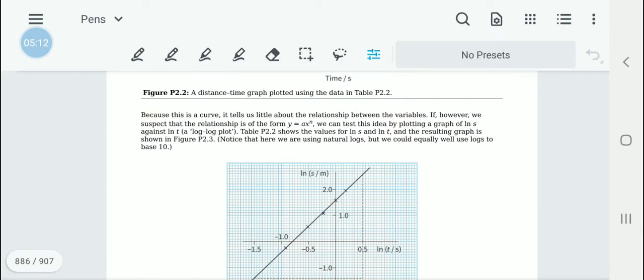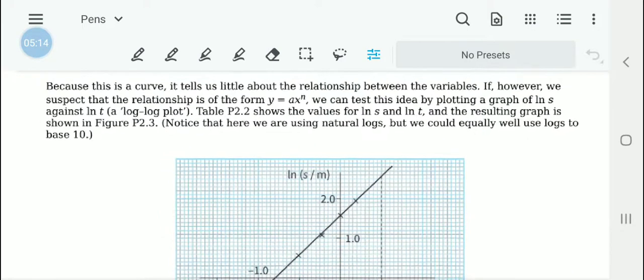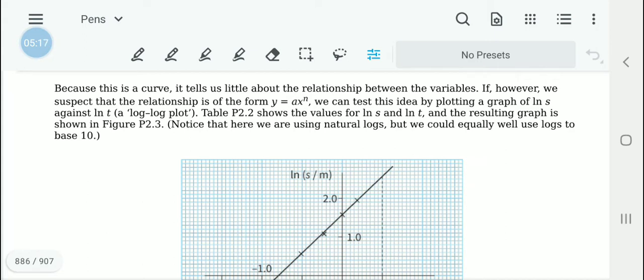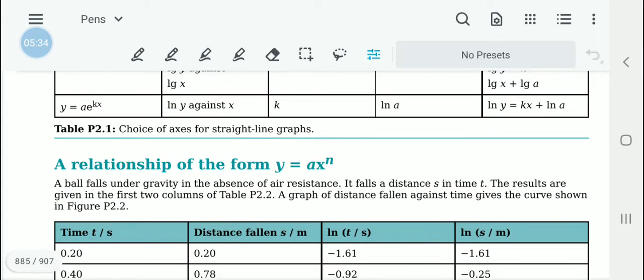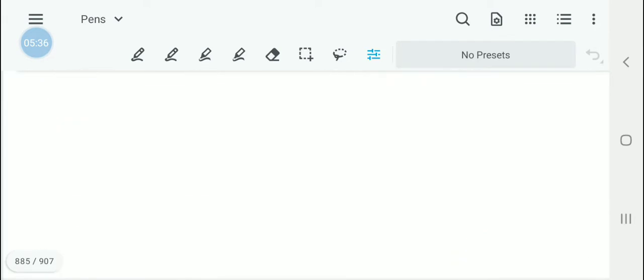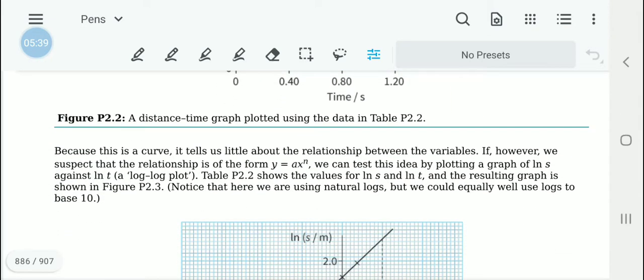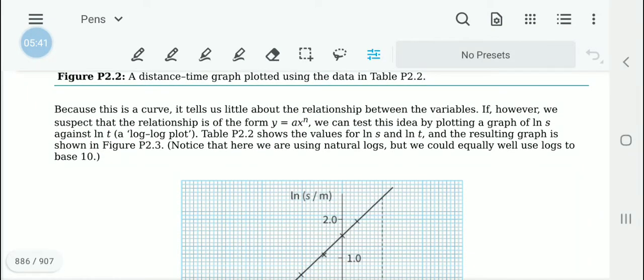After drawing the first curve, we will be able to suspect that it could be either a y equals a x to the power n graph, or a y equals a e to the power kx graph, right? So you make a suspicion, and then based on that you draw a graph of s against t using natural logarithms.